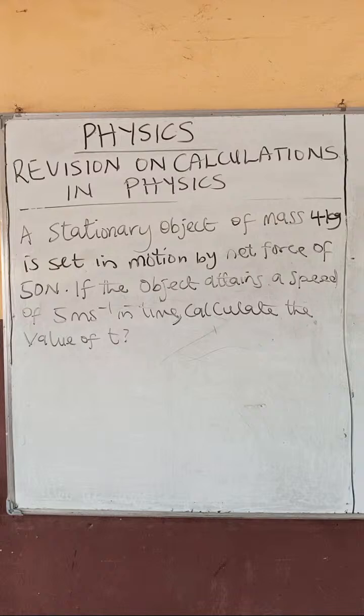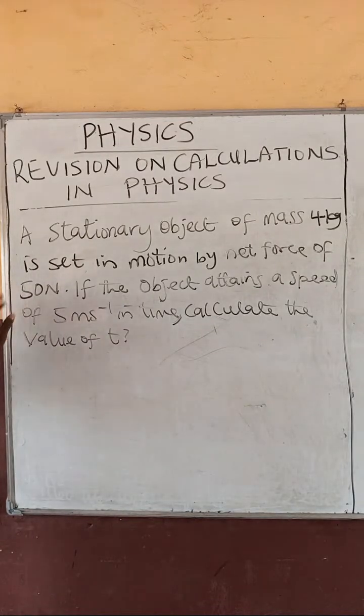Okay, let's solve. A stationary object of mass 4 kilograms is set in motion by a net force of 50 Newton.